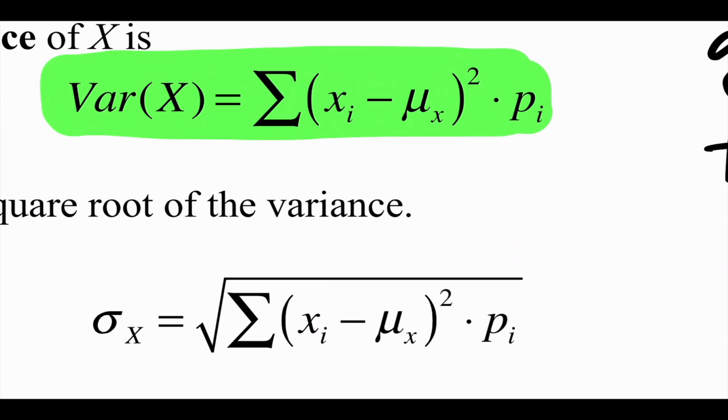So what's the relationship between variance and standard deviation? The green one's variance, the not green one is standard deviation. So how do I find one if I have the other? If I have variance, I take the square root to get standard deviation. What if I have standard deviation and I want to find variance? What do I do? Square it, right? Square it.